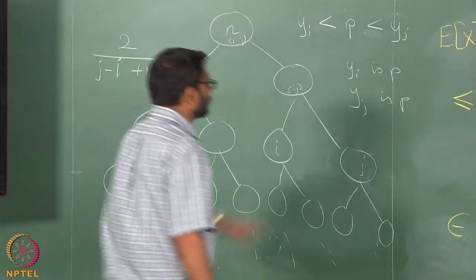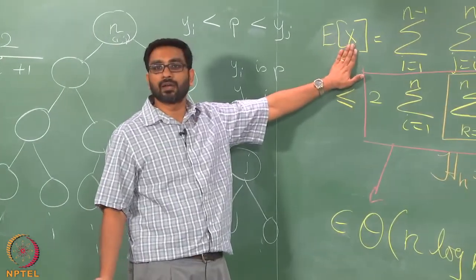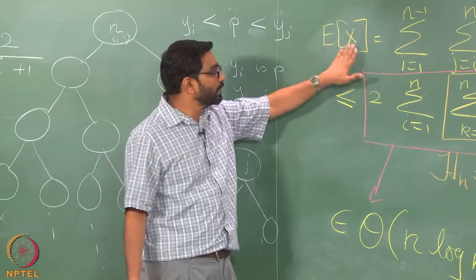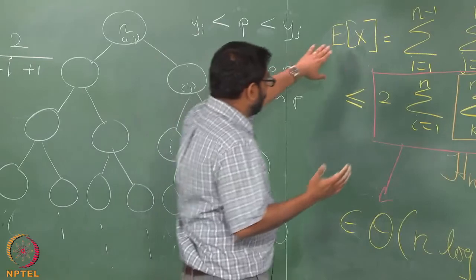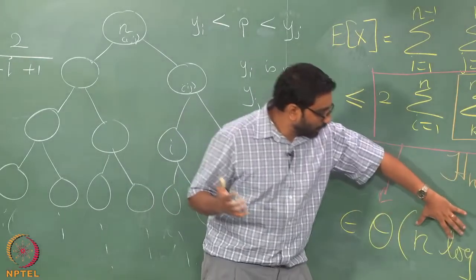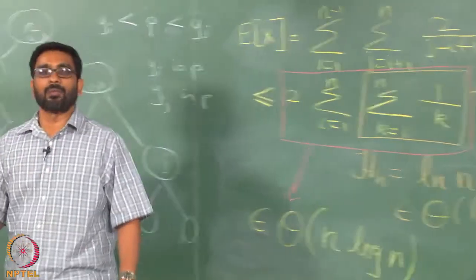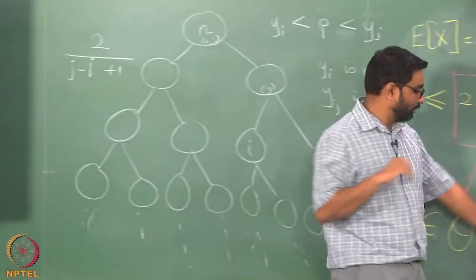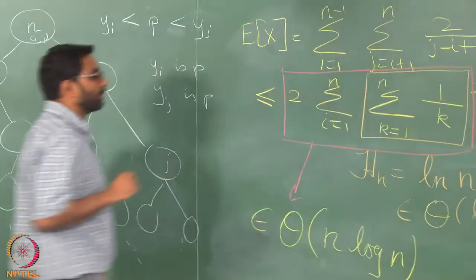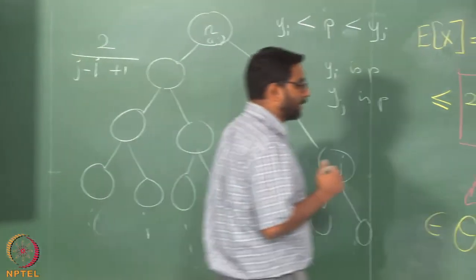We will be able to say something stronger about this random variable x: that it will be of the order of n log n with overwhelmingly high probability. But that will require some other probability theory tools that we will look at in a subsequent lecture.